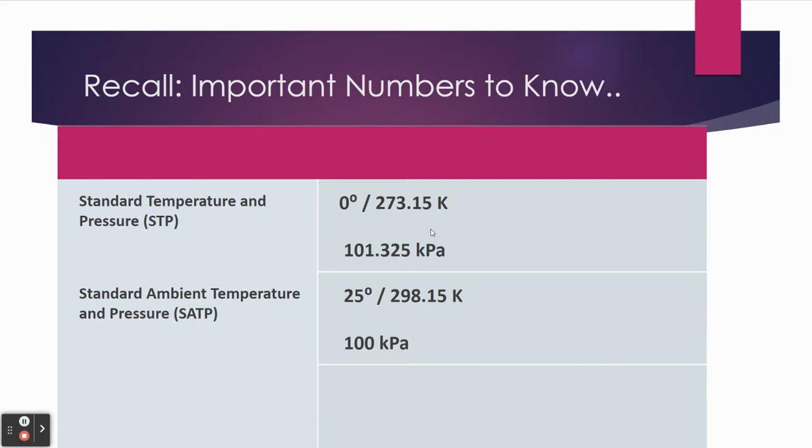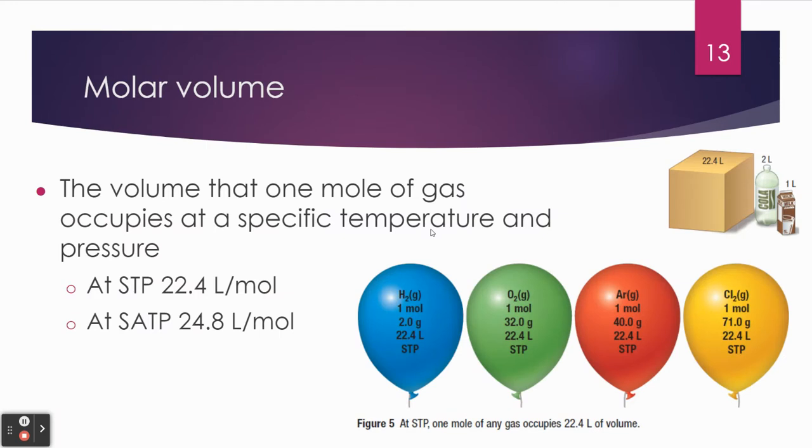That's also in your data tables. And SATP is 25 degrees Celsius, or 298.15 Kelvin, and 100 kPa for the pressure. It's important to remember that because your molar volume will differ depending on what conditions you're at.